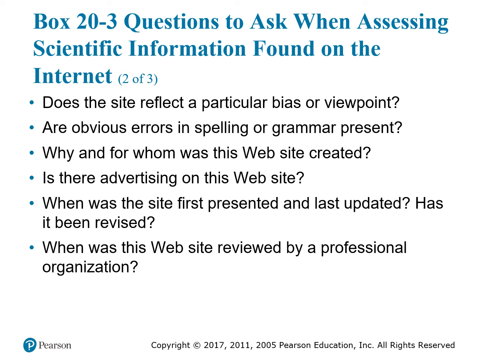Does the site reflect a particular bias or worldview? If you can guess how old the author is by the way that they write, not a good thing. If you can guess the gender of your author, that's not a good thing. If you can guess whether they are for or against a product, not a good thing.